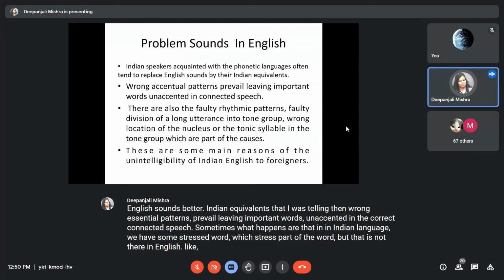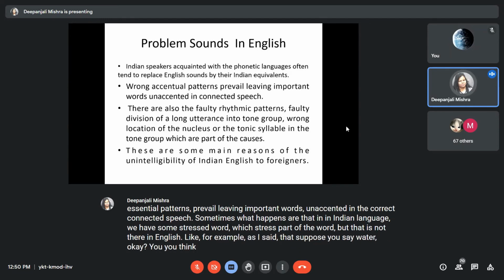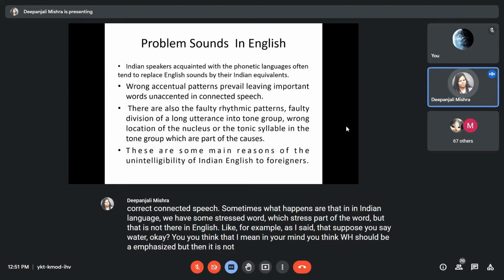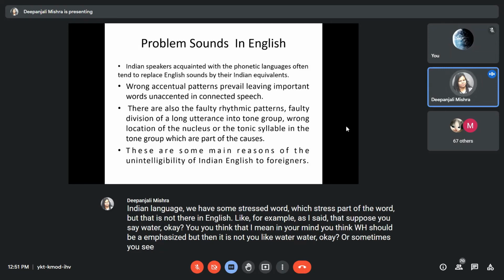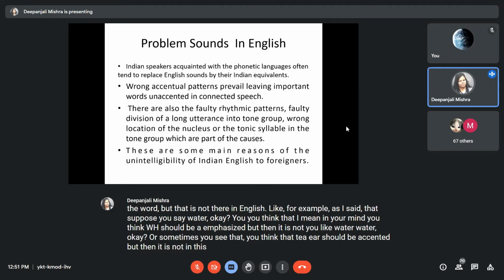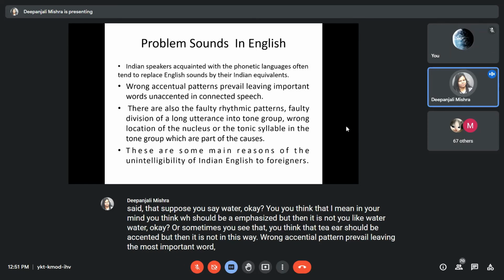For example, suppose you say water. You think in your mind that WA should be emphasized, but it is not. Or sometimes you think that TER should be accented, but it is not. In this way, wrong accentual patterns prevail, leaving the most important word unaccented in connected speech.